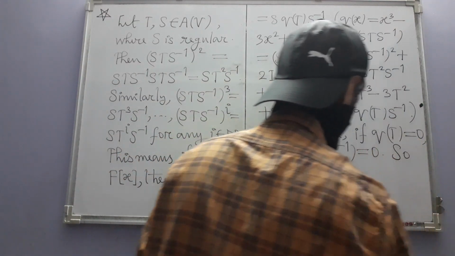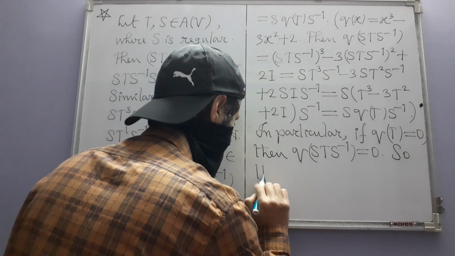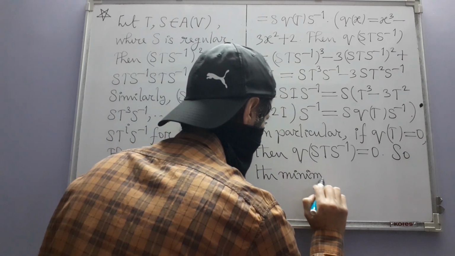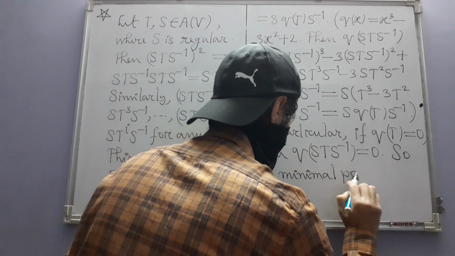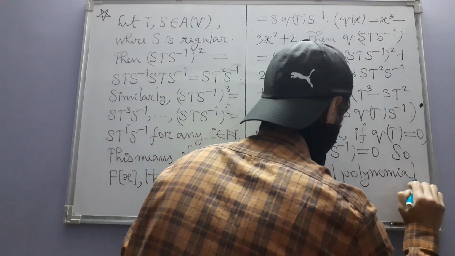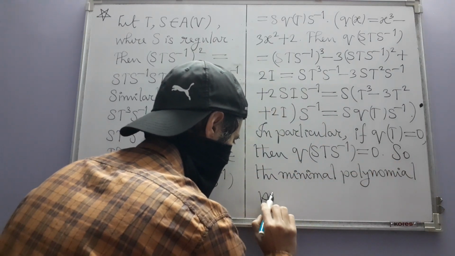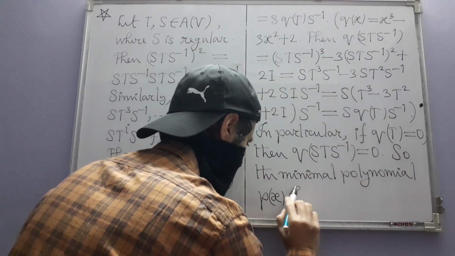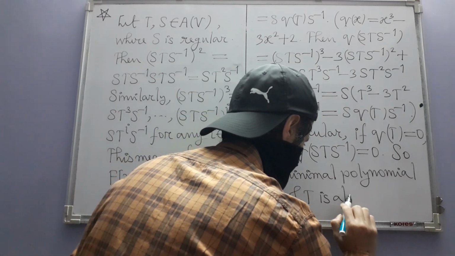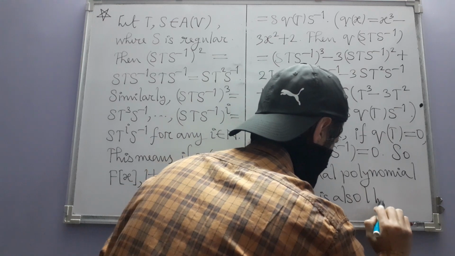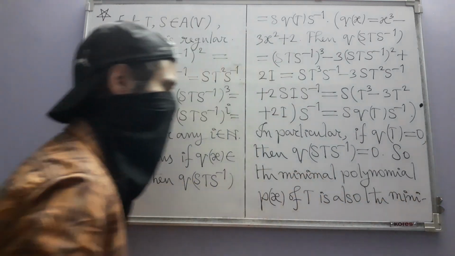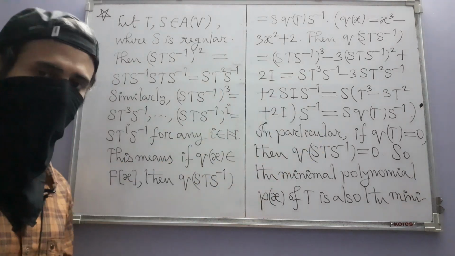So the minimal polynomial P(x) of T is also going to be the minimal polynomial of ST S inverse.